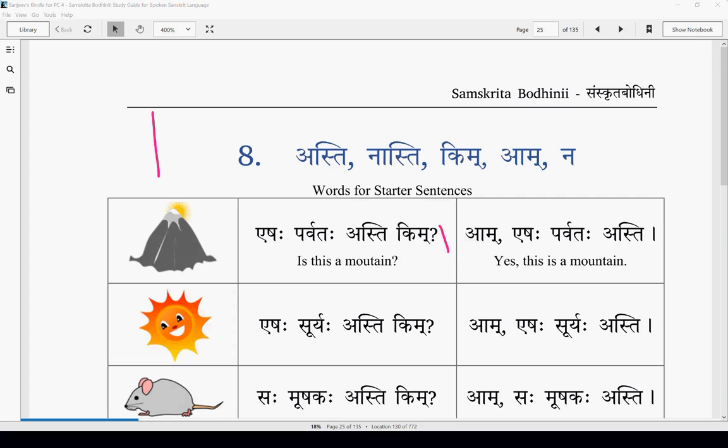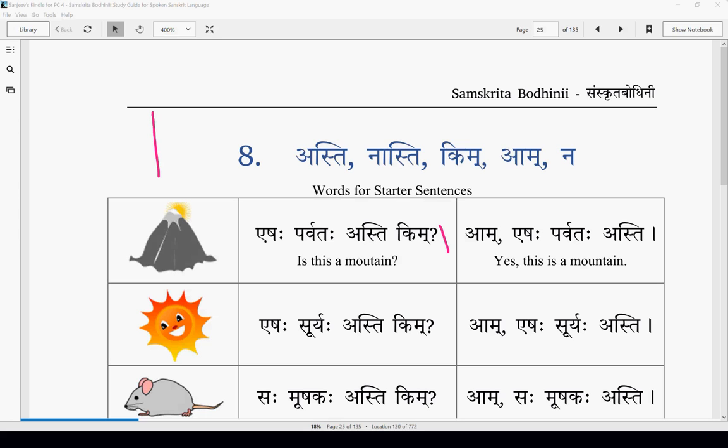So here the unit is the sentence that is ending there, and Eshaha Parvatah Asti Kim, that is the last word there. The question mark is the modern one, which is coming from other languages. It is Sanskritam, but originally it is not there.